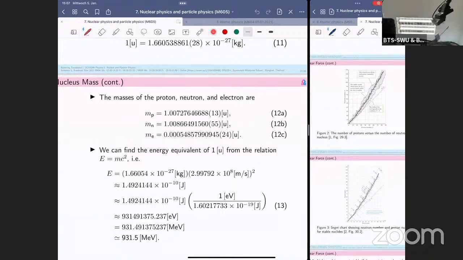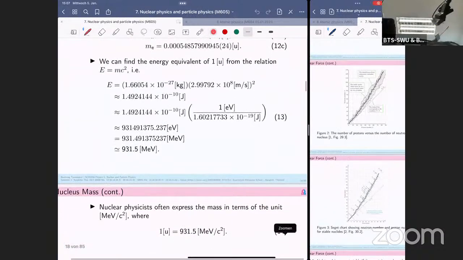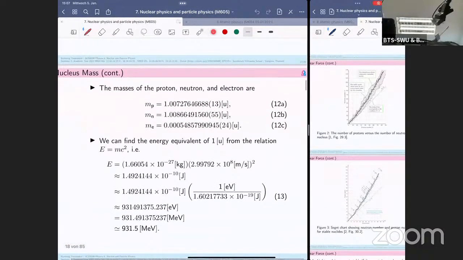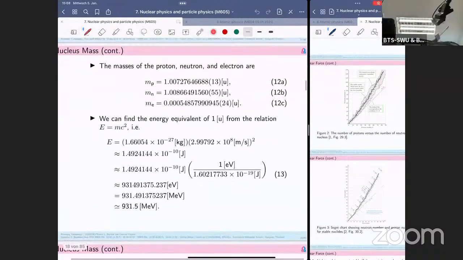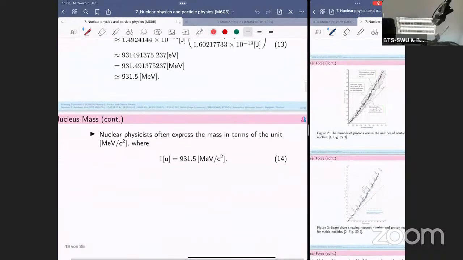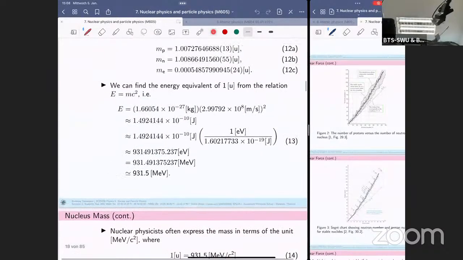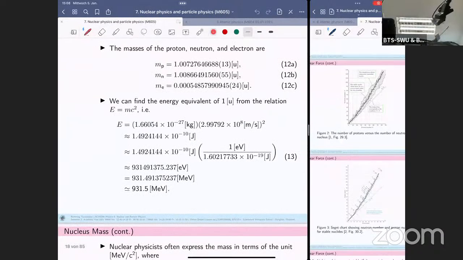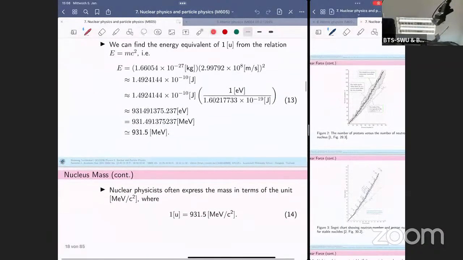This is a good number we have to memorize: 931.5. That's the energy caused by 1 atomic mass unit. Now, many nuclear physicists express the mass, which before we used in kilograms, differently.